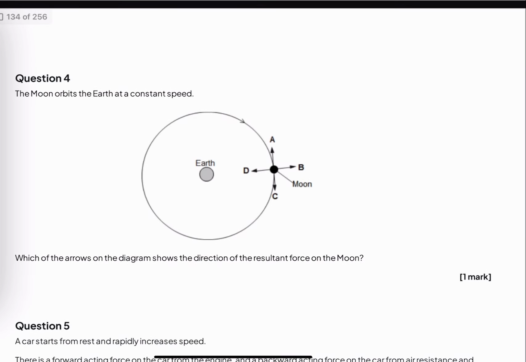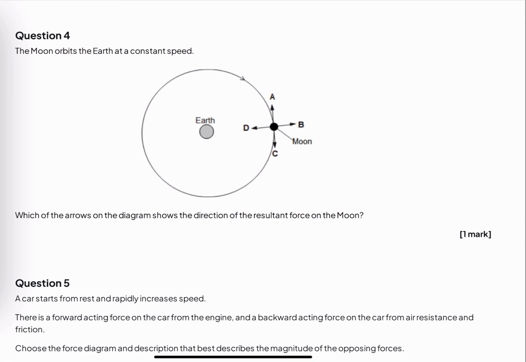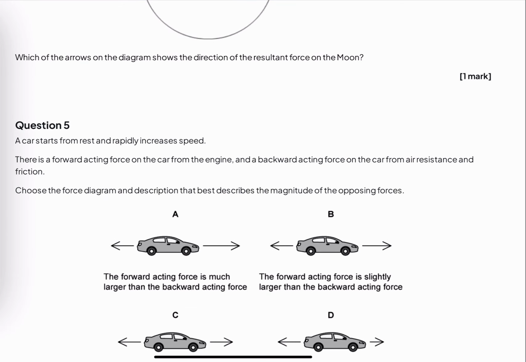In question 4, the moon orbits the earth at a constant speed. Which of the arrows on the diagram shows the direction of the resultant force on the moon? We know that whenever an object is moving in a circle, the resultant force should be toward the center. So if this is the moon, this is the center, so this will be the resultant force. It's option D.